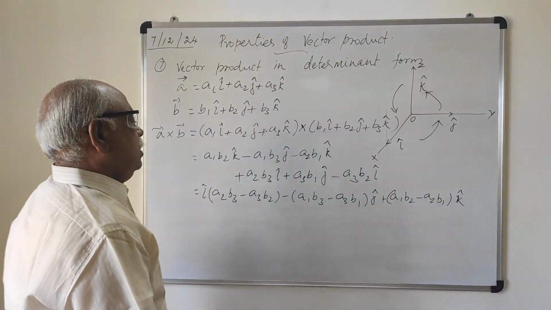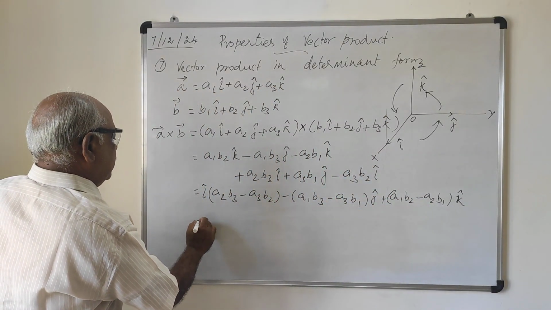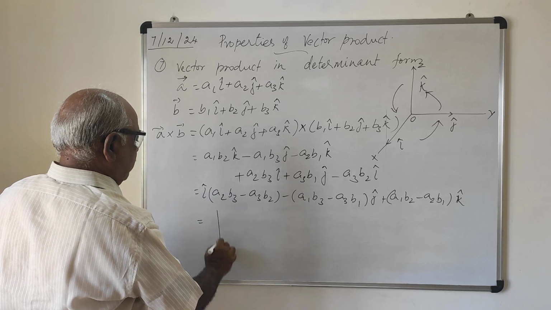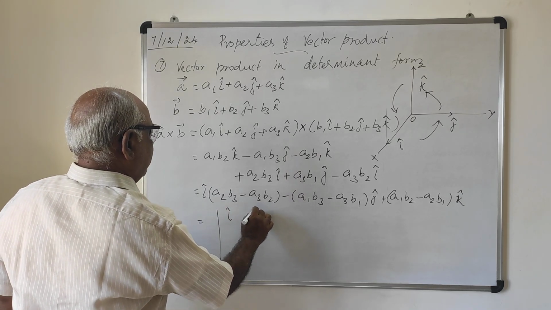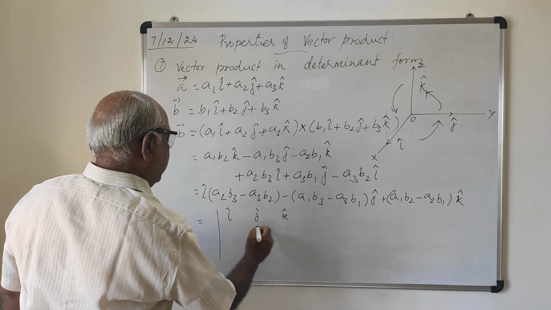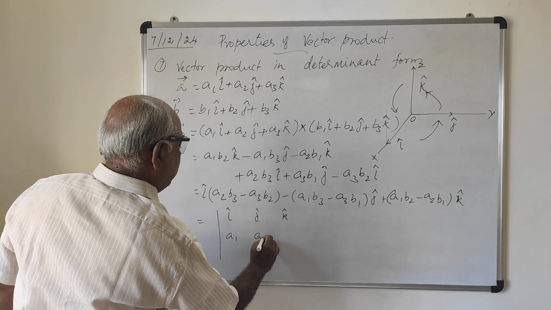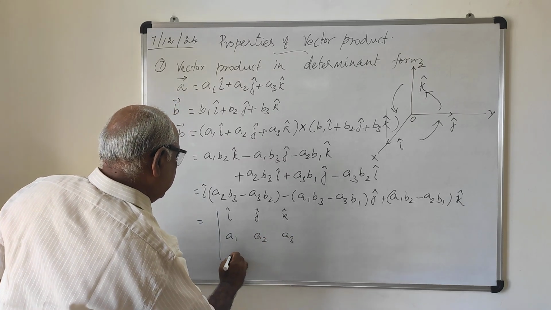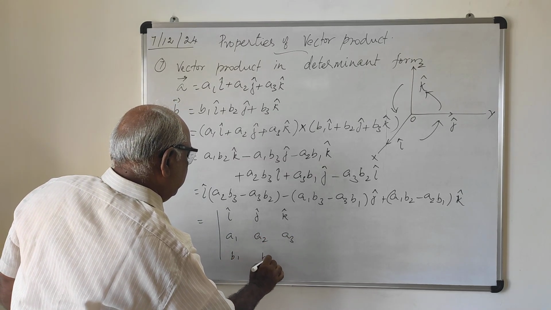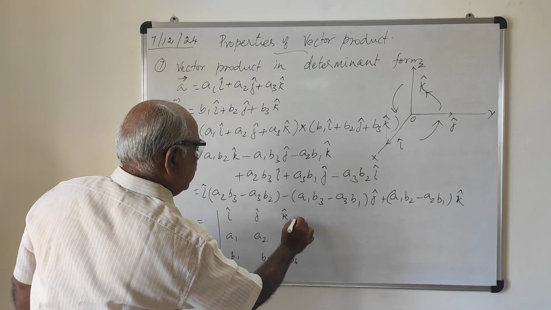So this expansion is nothing but the determinant form. First row i, j, k, then A1, A2, A3, then B1, B2, B3.